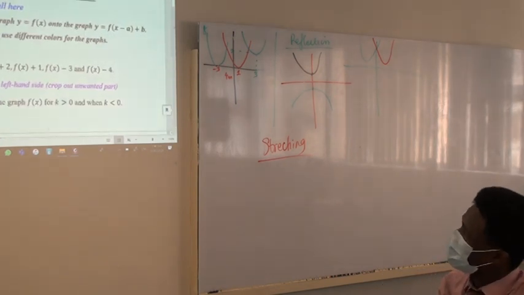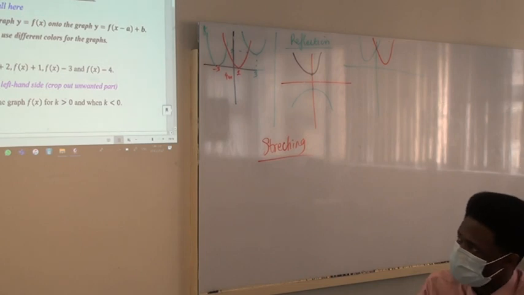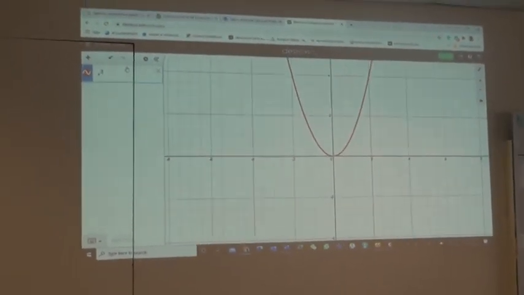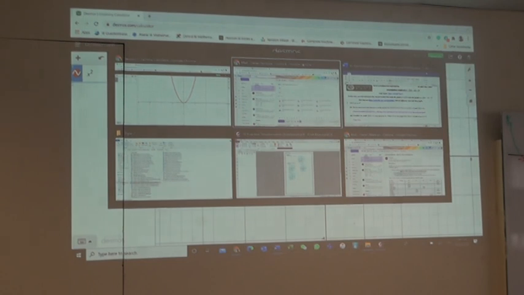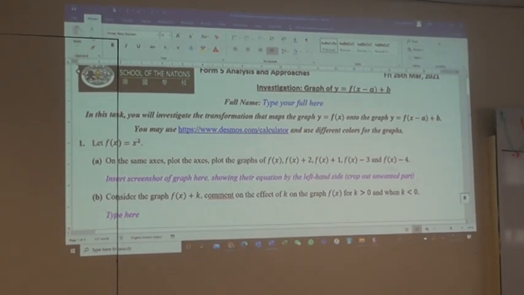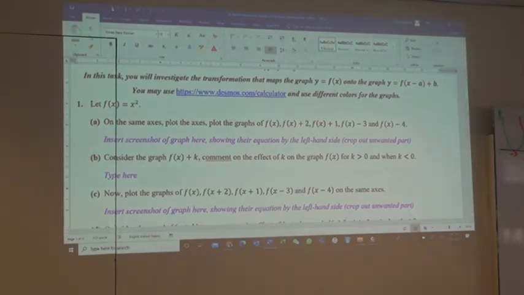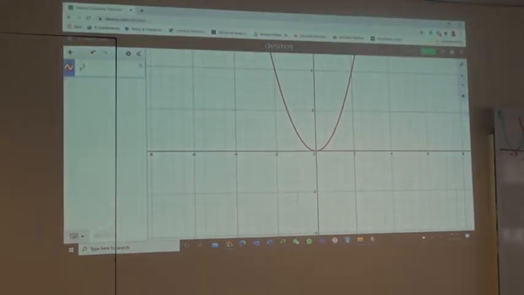In the investigation, I said f of x is x squared. So let's plot x squared. Then I said on the same axis, plot f of x plus 2, which means x squared plus 2, right? x squared minus 3, x squared minus 4. If you haven't done this investigation, raise your hand. Okay, everybody has done it. Thank you. So let's see, x squared, so I'm just going to copy. I'm lazy, I know.